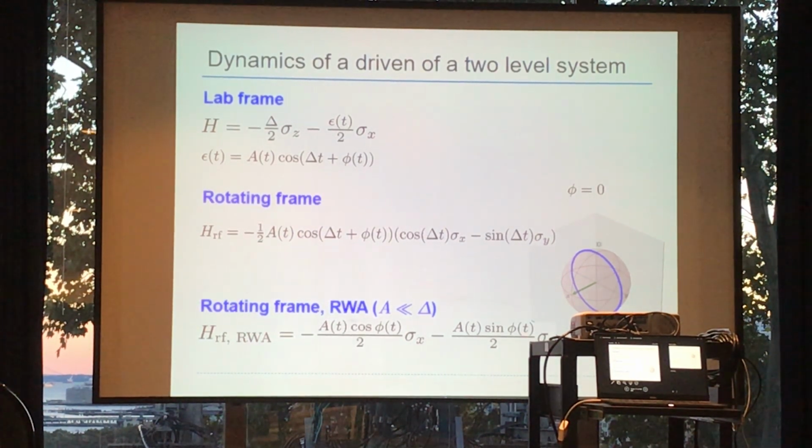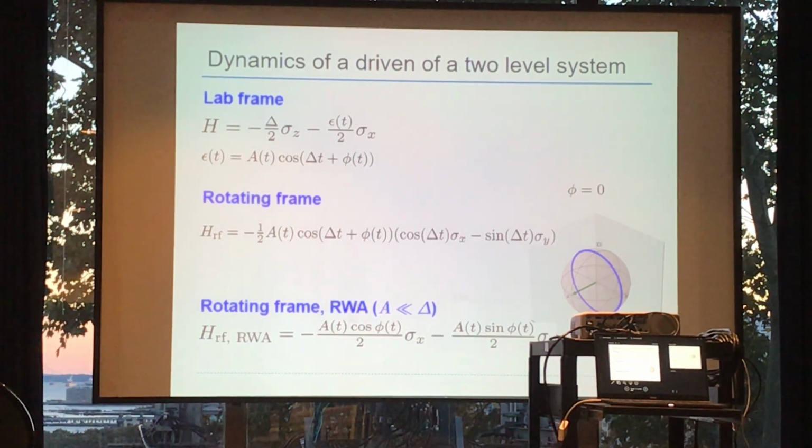Now, if you think about an AMO context, everything is done in a similar way, and usually you think of a regime where the amplitude of this control pulse A is much smaller than the energy level splitting of the qubit delta. This is really a limitation of laser powers, for example, for atomic physics, where it would be really hard to get anywhere close to this regime.